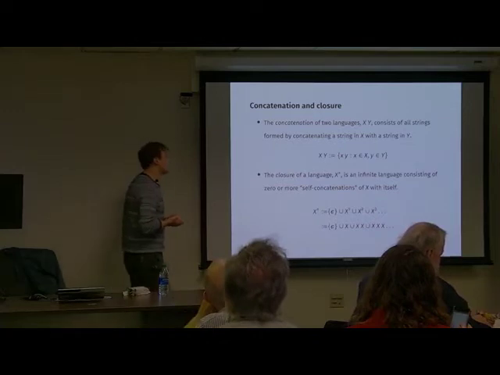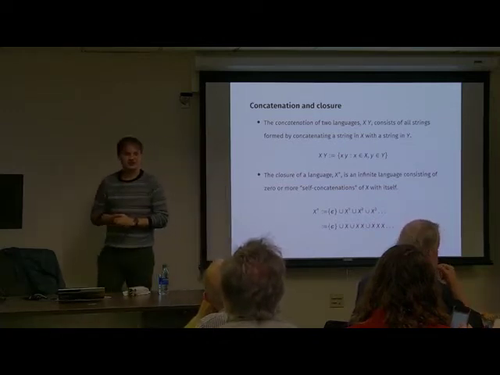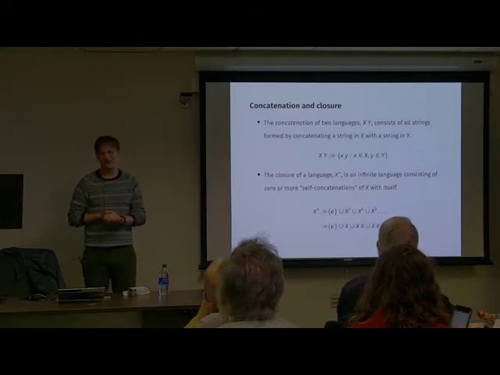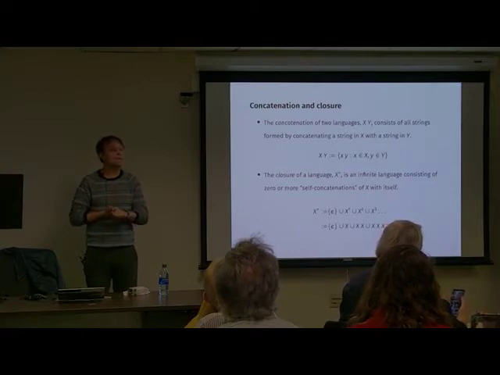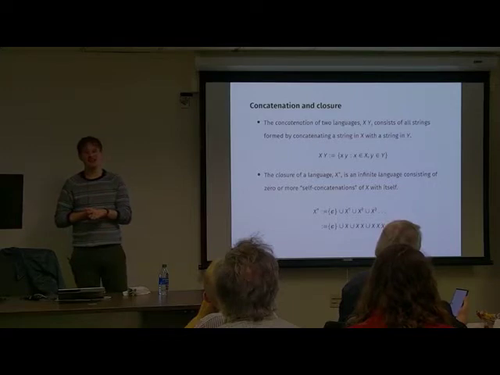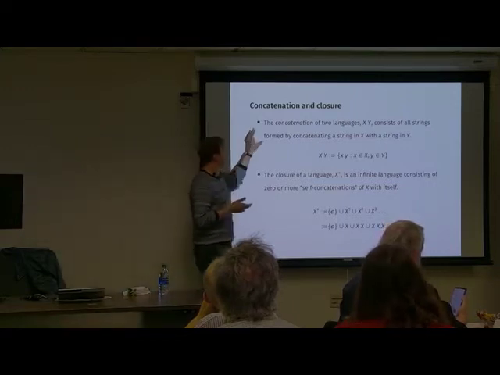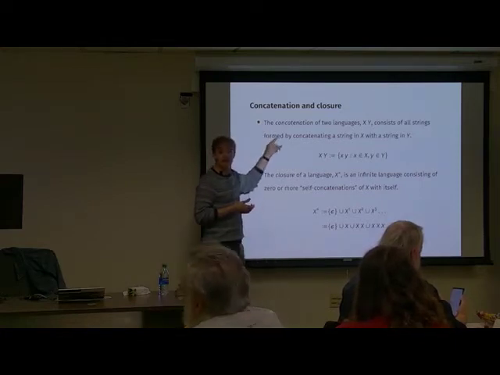We also have a notion of closure. This term is so desperately overloaded in the formal computer science world, the formal languages world, that it means about 10 different things. The closure I'm talking about here is what might be called the concatenative closure. In the sense that I can concatenate a set with itself.